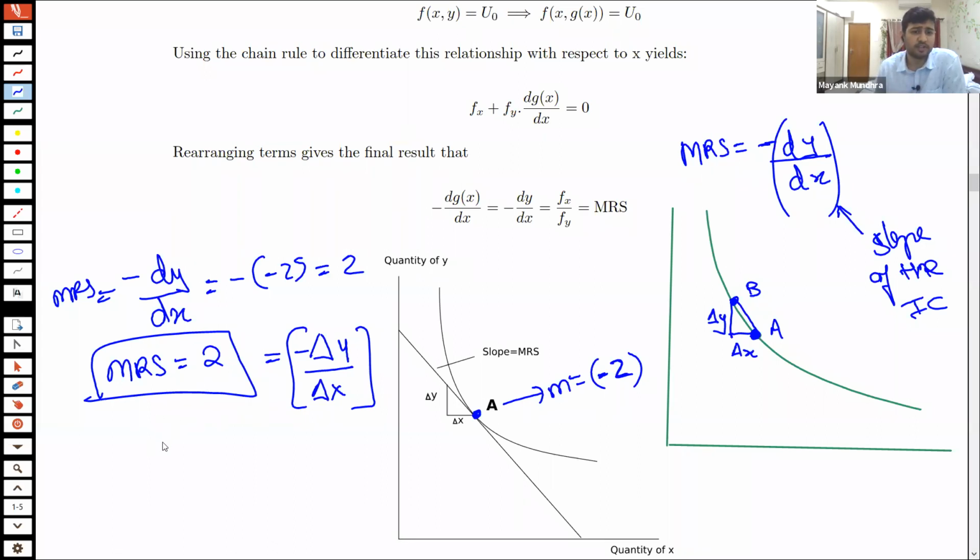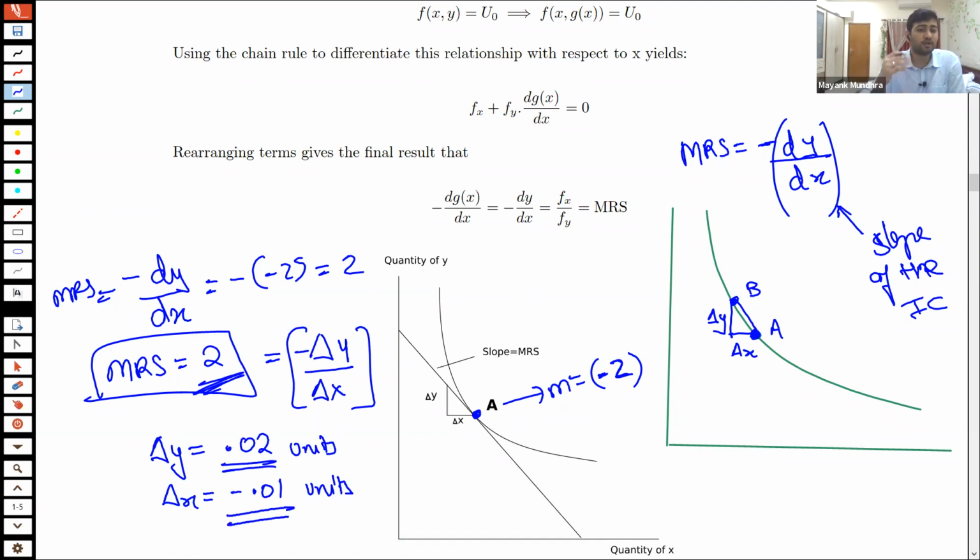Suppose somebody changes y by 0.02 units and delta x is minus 0.01 units. In that case, the negative of delta y by delta x will remain 2. So if somebody gives you 0.02 units of extra y and takes away 0.01 units of good x, then your utility will not change.